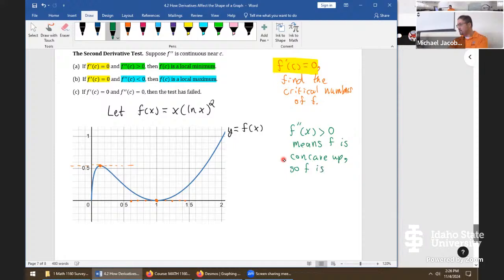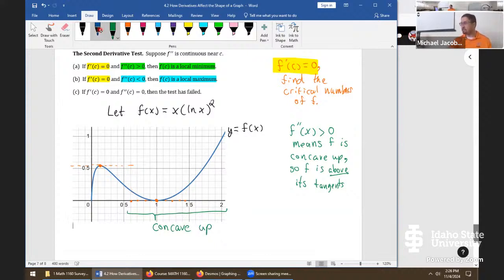So f is above its tangents, all of its tangent lines in that region. So let's take a look at where it would be concave up. F has to be above the tangents, and it looks like in this region, we have concave up right here. So let's say about here, I don't know the exact location of the inflection point. We'd have to solve it ourselves. It looks like from here to here, we have concave up.